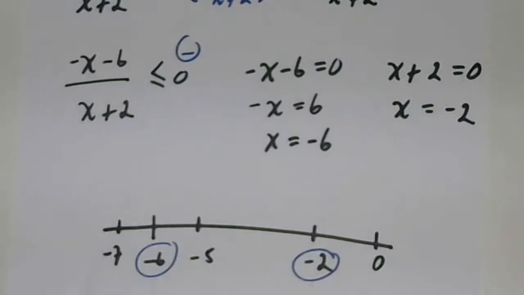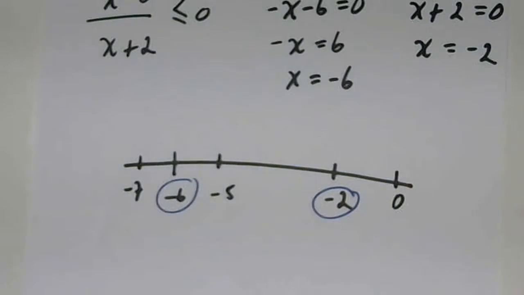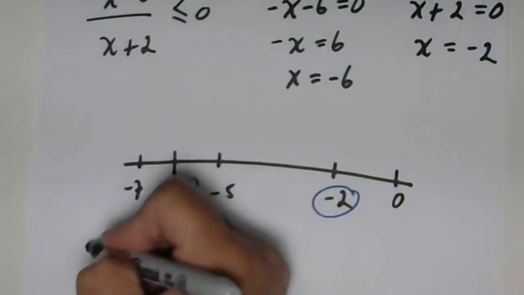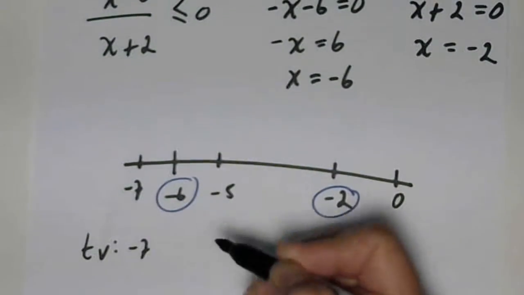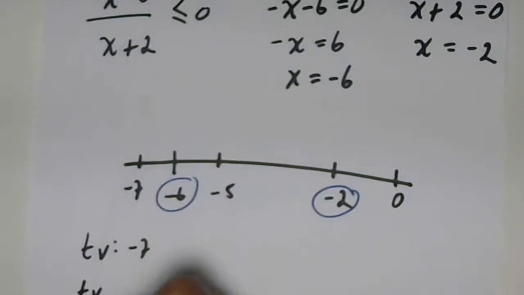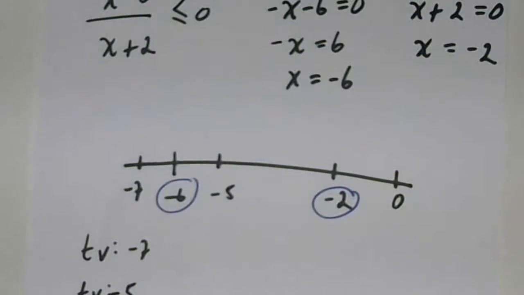I always like to choose 0 in an interval when I can because it keeps the math simpler sometimes in dealing with other numbers. So looking at our test values, we have a test value of -7, a test value of -5, and a test value of 0.